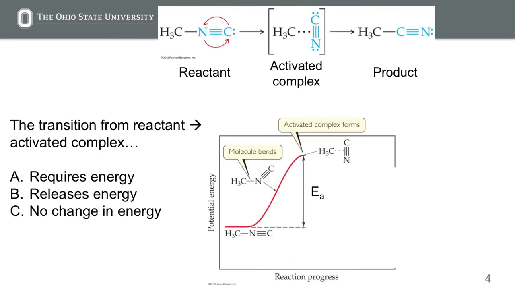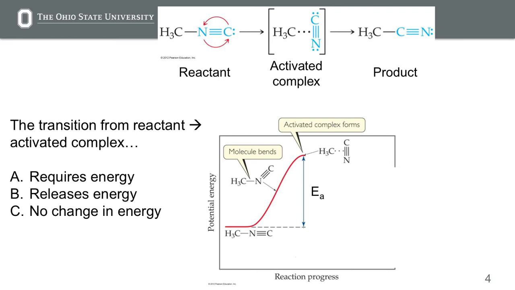So thinking about this reaction, let's draw a potential energy diagram. We've got potential energy on Y, we've got reaction progress on X, and we go from reactant to product from left to right. We have to overcome some amount of energy to get to the product, okay?